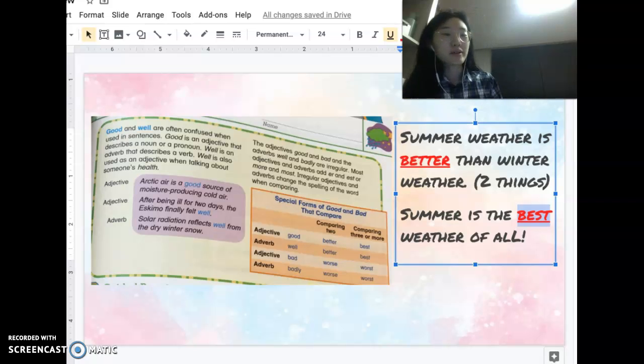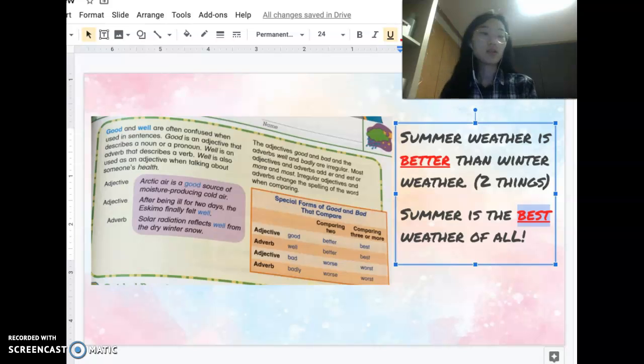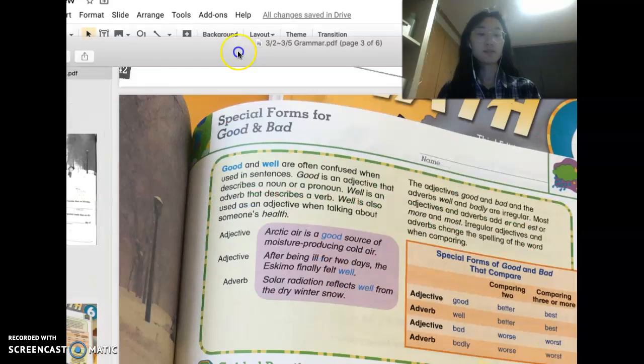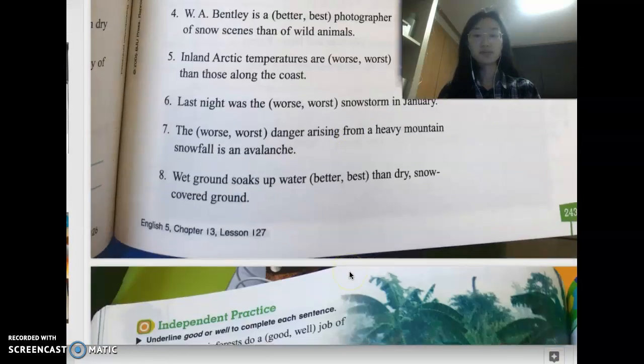And now we're going to move right along to using comparatives and superlatives for the adjectives. So this is actually in our textbook as well.